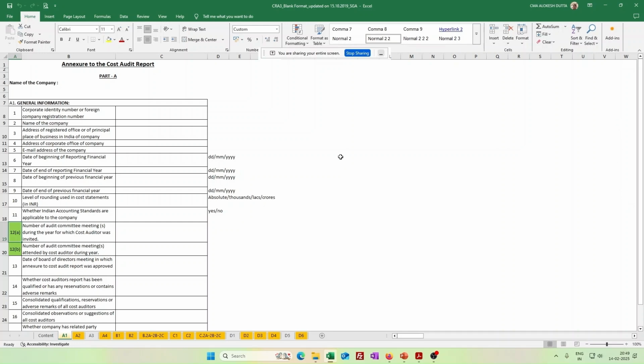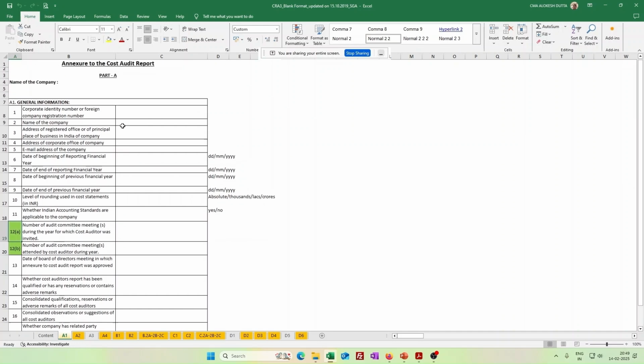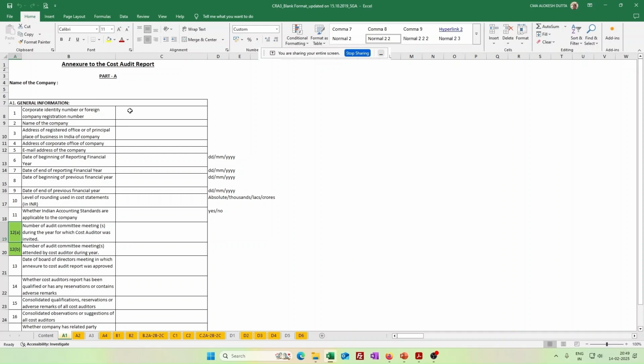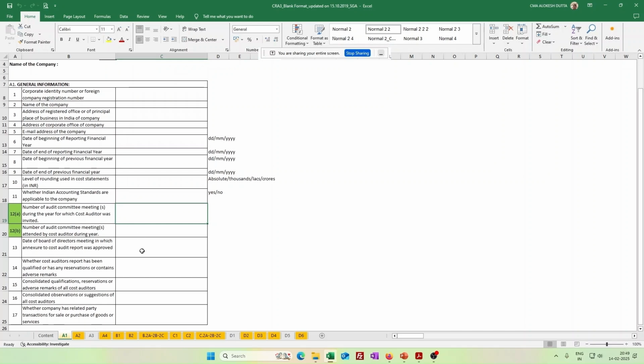A1 is the details of the company: the corporate identification number, registered office address, email address of the company, date of beginning and end of the reporting financial year, dates of the previous year, level of rounding whether absolute, thousand, crores or lakhs, whether Indian accounting standard is applicable to the company, number of audit committee meetings during which the cost auditor was invited, and number of audit committee meetings attended by the cost auditor.